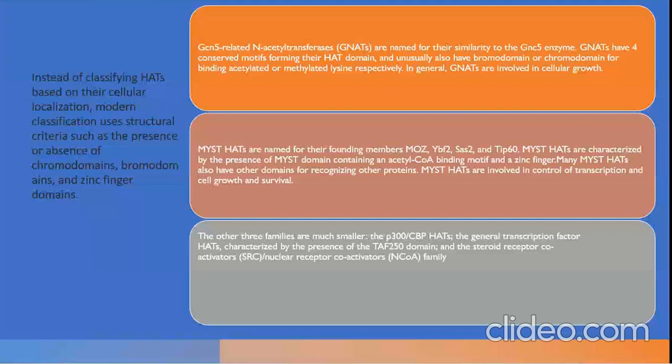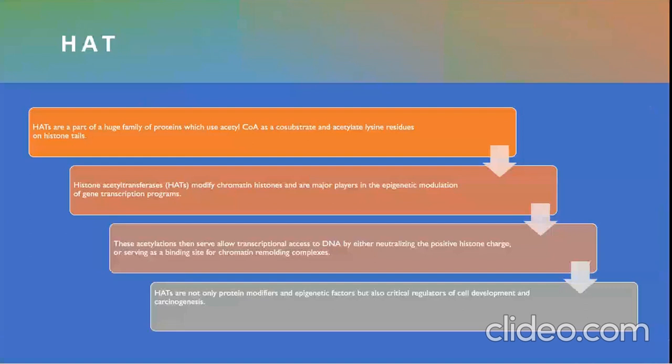Now, as we already discussed, HATs are part of a huge family of proteins which use acetyl CoA as substrate. Acetyl coenzyme A comes from the oxidation of pyruvate, and pyruvate we get from the glycolysis process of glucose.